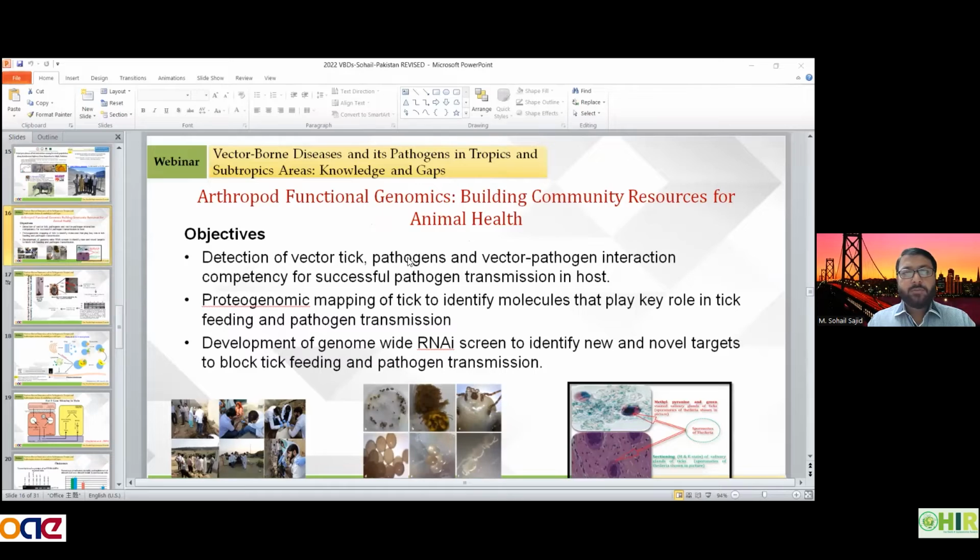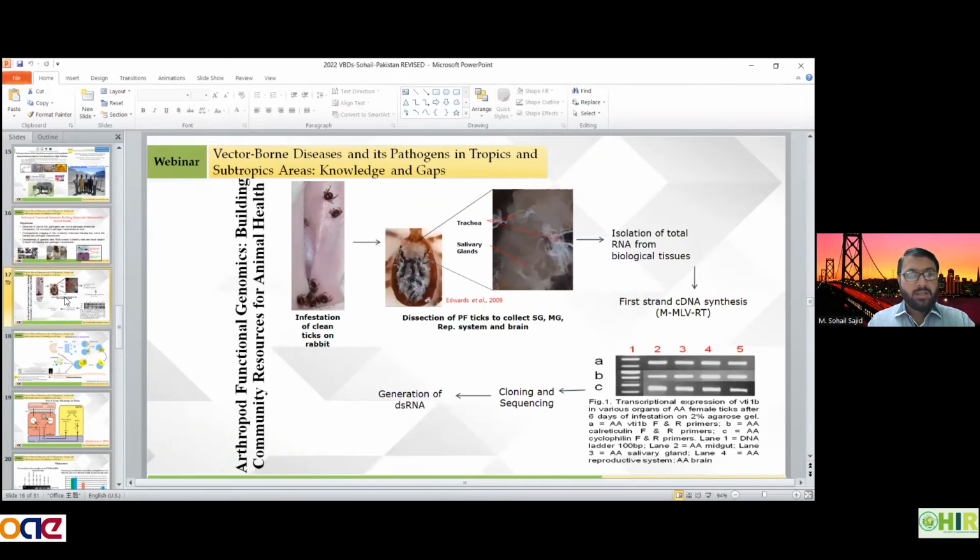All right. So then arthropod functional genomics. Here the objectives were to detect the pathogens, and I should switch to the outline here.